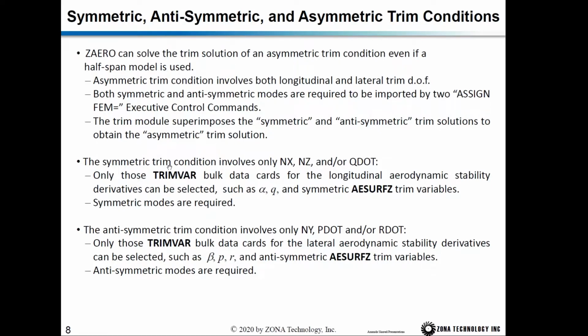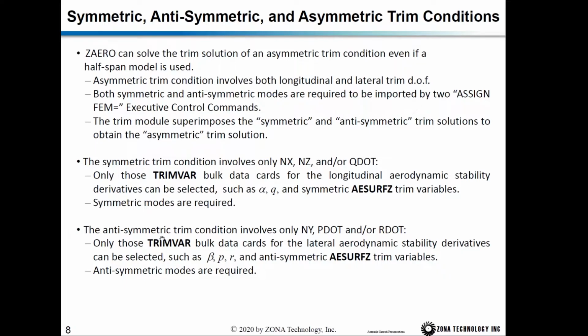The symmetric trim condition involves only NX, NZ, and Q dot. This is a pitch acceleration. So only those trim variables for the longitudinal aerodynamic stability derivatives can be selected, such as alpha, Q, and the symmetric control surfaces. And then you need a symmetric mode.